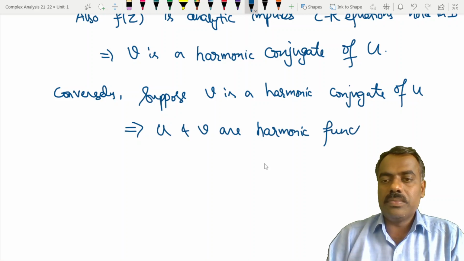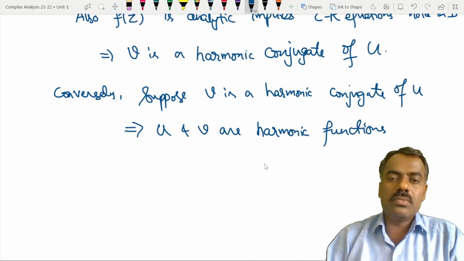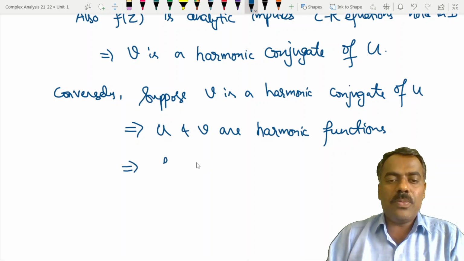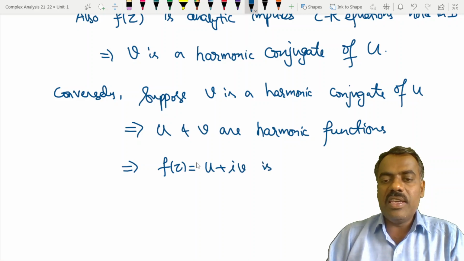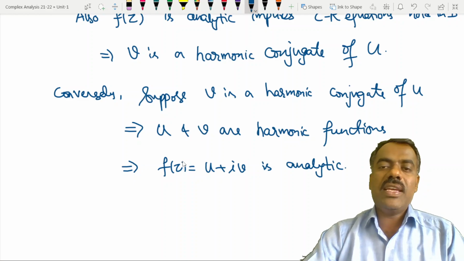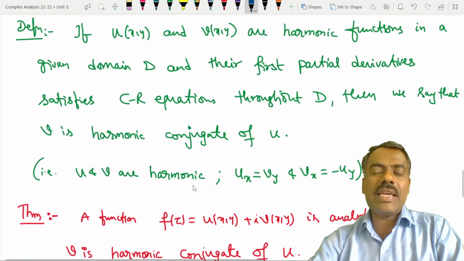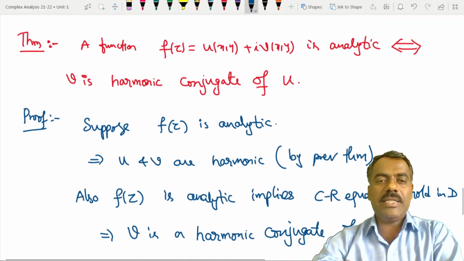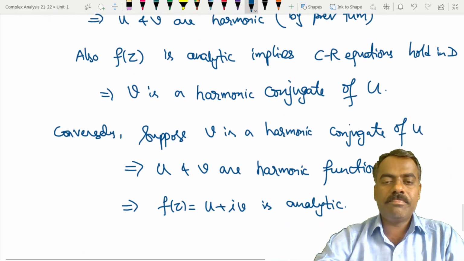Yes or no? So if u and v are harmonic, by the previous theorem which we have proved, f(z) = u + iv is analytic, right? So this result is actually a consequence of the previous result, only written in different words. That means proof, right? Is that clear?